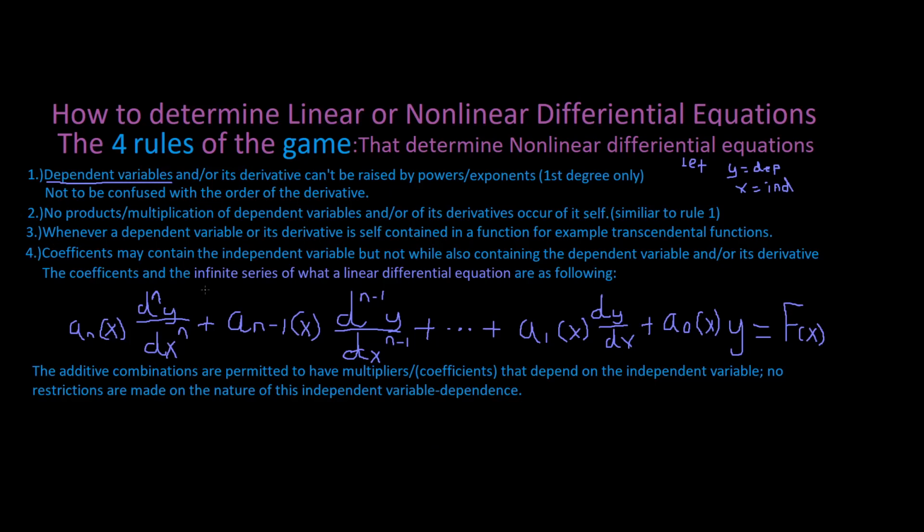Our next statement says, whenever a dependent variable or its derivative is self-contained in a function, for example transcendental functions. What does that mean? It means functions like e to the y, sine y.